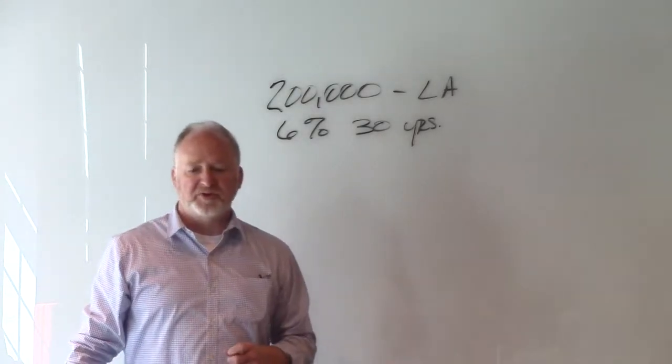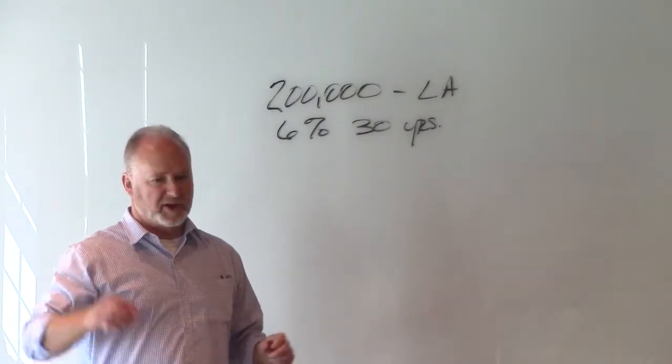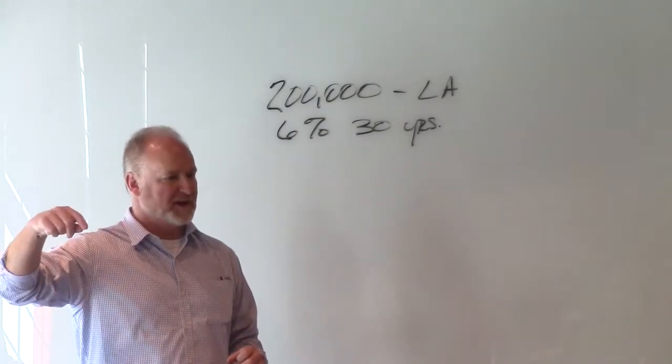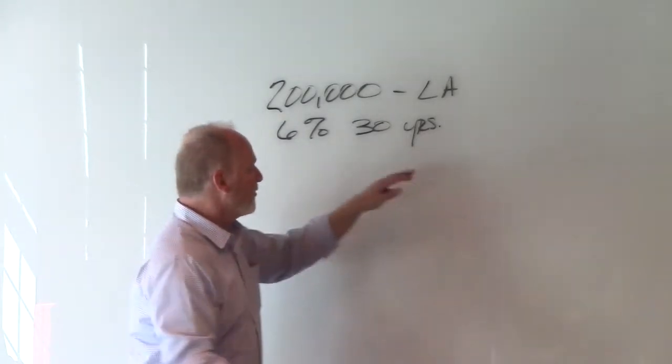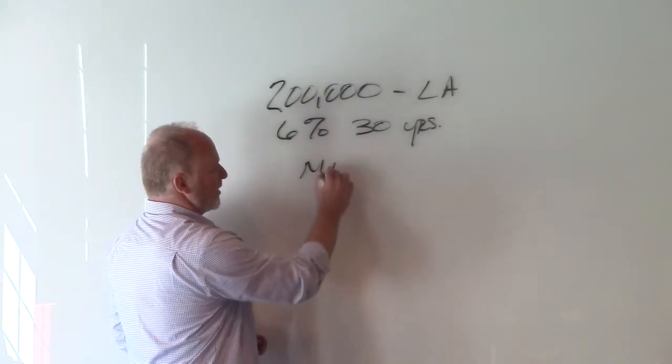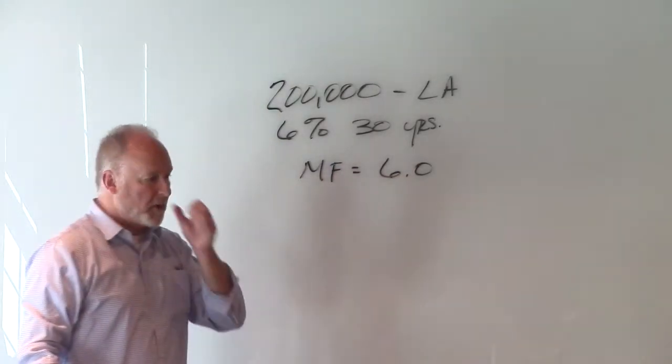And for those of you using the amortization chart, the reason I chose 6% is if you look at 6%, you'll see that the mortgage factor for 6% just happens to be 6. And so it's easy for me to remember. So I'm going to put down here that your mortgage factor equals $6 per 1,000 borrowed.